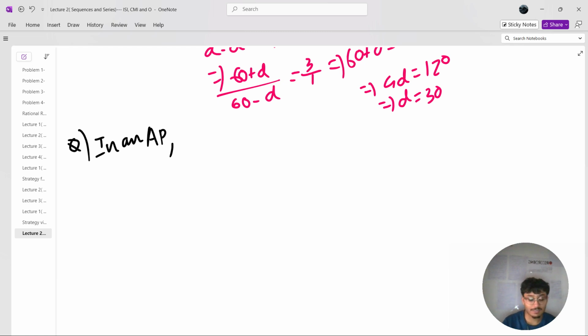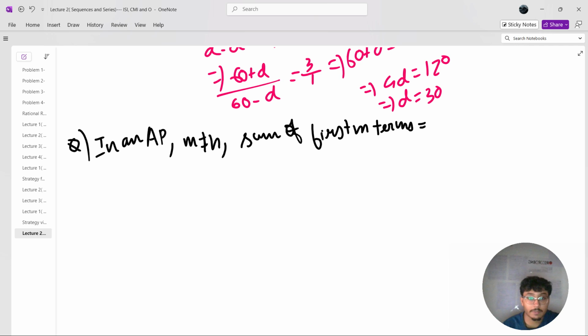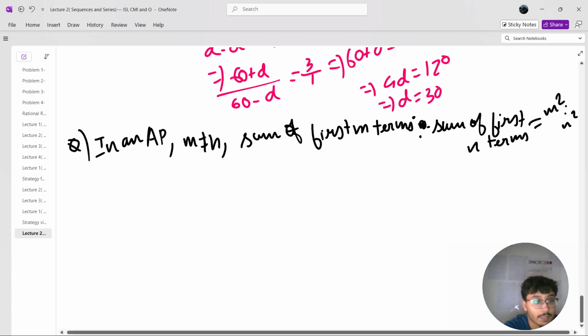So yeah, that's it. So in an AP, suppose that for m not equal to n, the ratio of the sum of first m terms to the sum of first n terms is m square is to n square.